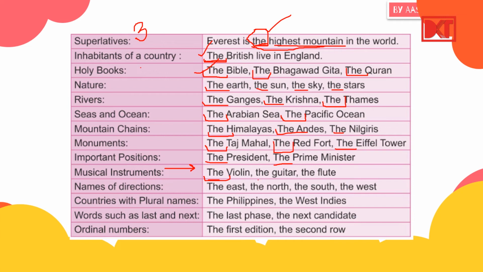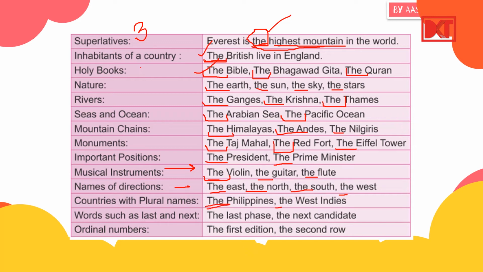For directions as well, हम point out जब करते हैं directions के लिए, then again we use the east, the north, the south, the west.